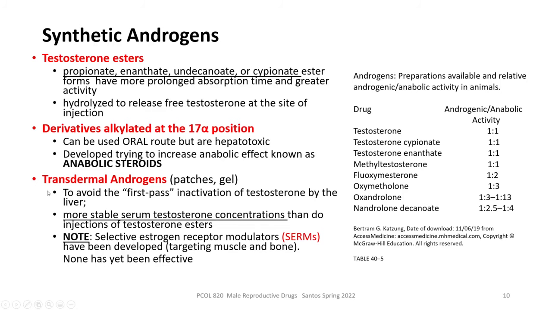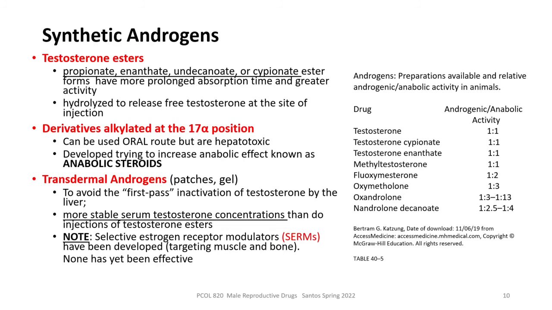And finally, we also have the transdermal androgens that can be given as a transdermal patch or a gel to avoid the first pass inactivation as well. They are more stable than testosterone. They promote more stable testosterone concentrations because they are being released slowly.